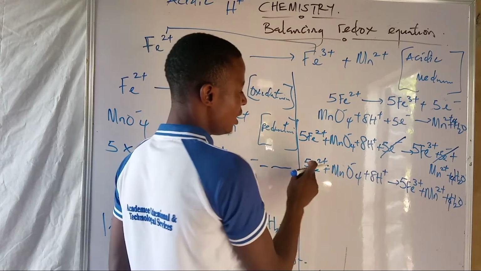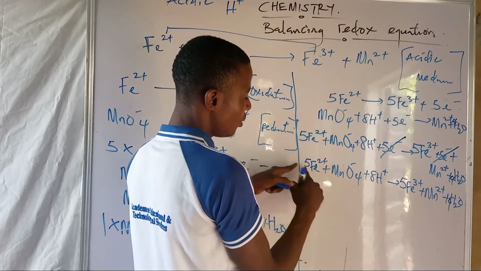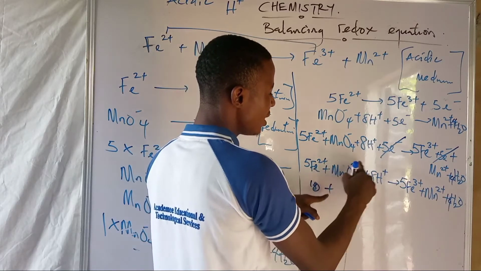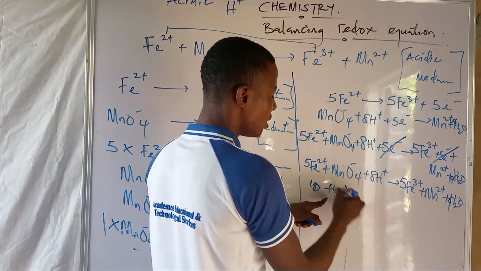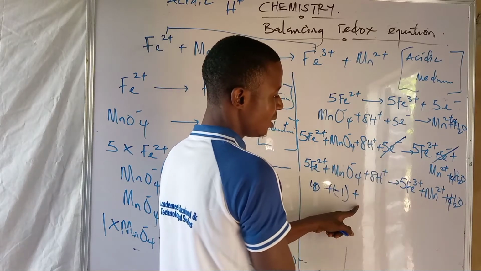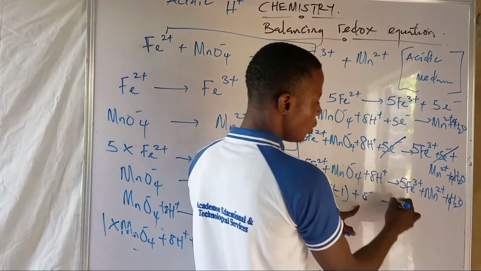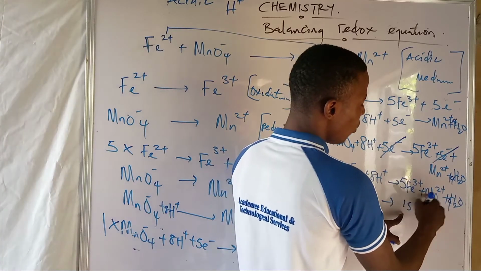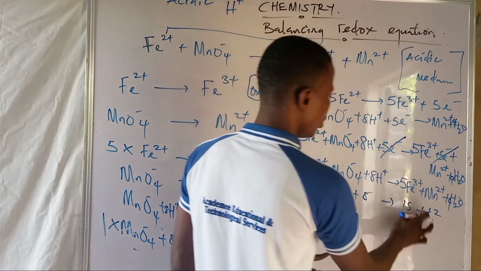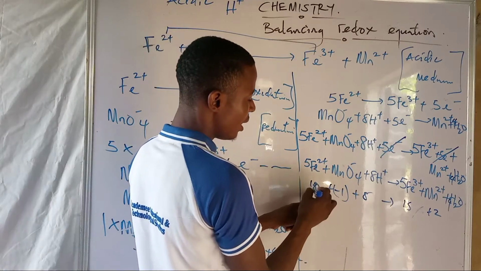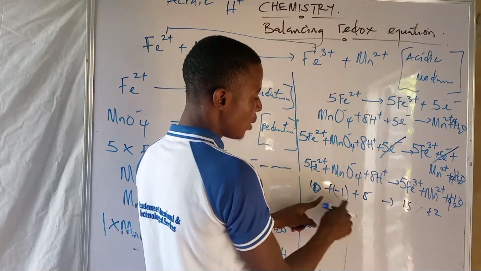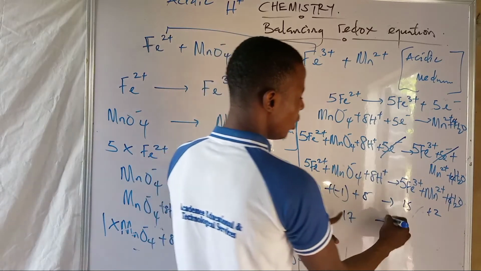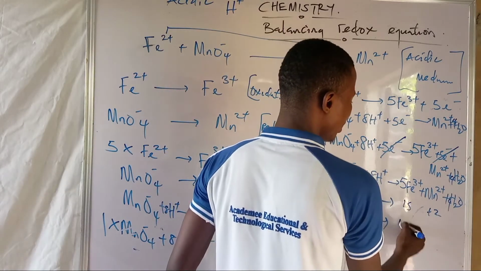Let's check the charge. This one is 5 times 2, 10, plus 1 times minus 1, minus 1, plus 8 times 1, 8, going to 5 times 3, 15, plus 1 times 2, plus 2. This is 10 minus 1, 9. 9 plus 8, 17. Also the same thing: 15 plus 2, 17.